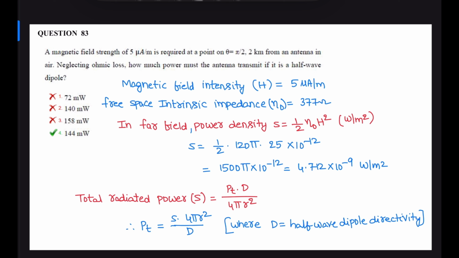On substitution, we will get S is equal to 4.712 into 10 power minus 19 watt per meter square. Now the total power radiated: S is equal to total power transmitted PT into D, half wave dipole directivity, divided by 4 pi r square. Now transmitted power is S into 4 pi r square by D.